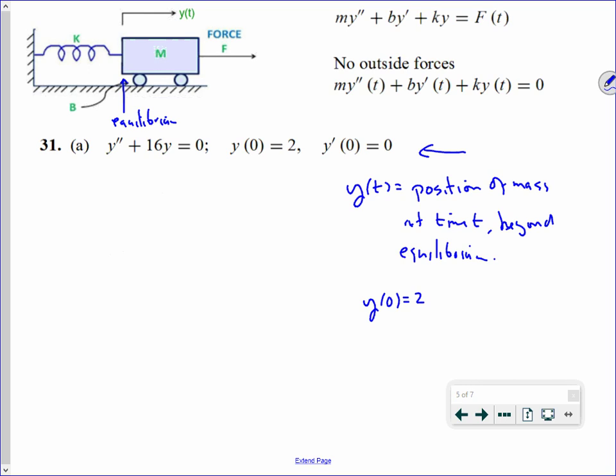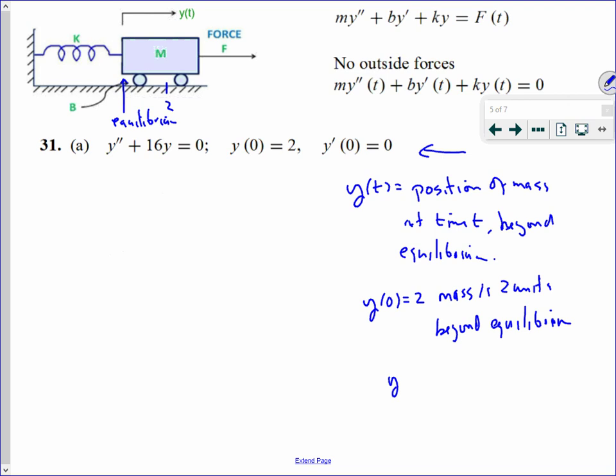So when I say y of 0 equals 2, I mean that at time 0, remember, this is position. So at time 0, we're over here someplace. We've stretched this 2 units beyond the equilibrium. Okay.